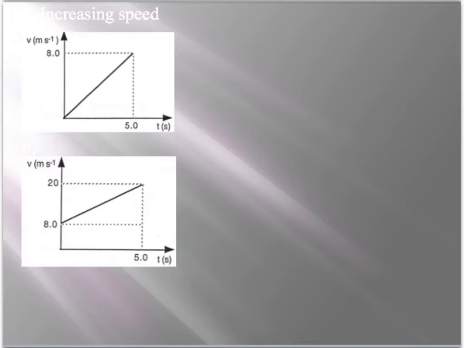Right, so here are two more examples. For each one we can calculate the slope to find the acceleration and the area under the graph to find the distance. So for this first example here, looking at that slope to find the acceleration, we have the rise over run, which here's the rise from 0 up to 8. So that's our change in speed v, and that's over time, of course, which is the run.